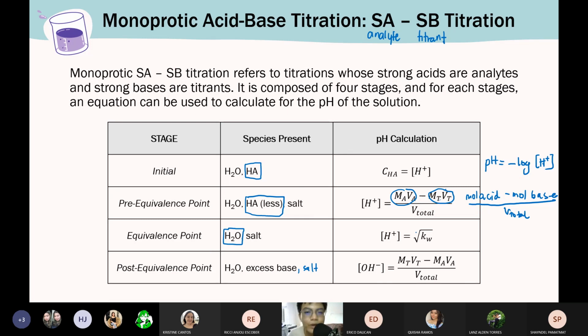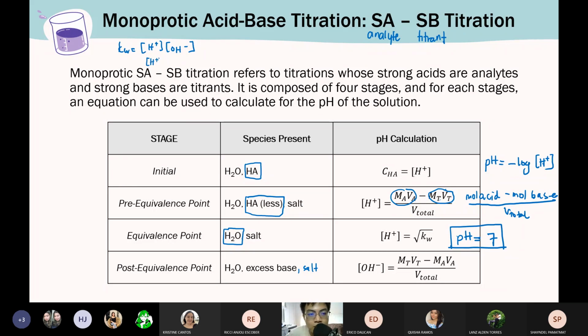And always remember, for SASB, strong acid, strong base titration, the pH at equivalence point is always 7. Always 7 yan. Why? Ano naging 7? It has something to do with the ion product of water. You know that in the ion product of water, you have your H plus and then OH, right? At equivalence point kasi equal. So, equal sila.